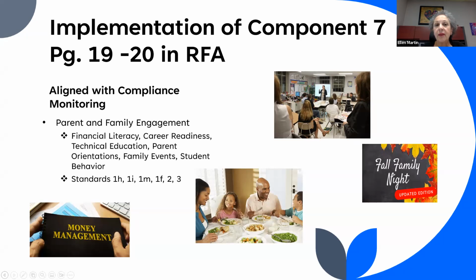Part of the reason that you got this grant was probably because you have a lot of poverty in your area, and educational needs from your community. So how can you say that you're going to help parents provide homework help when they might not have the skills to assist with that homework?